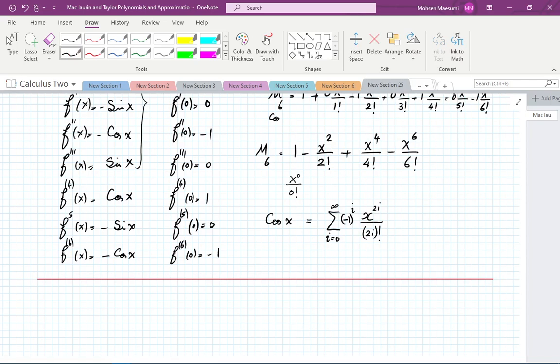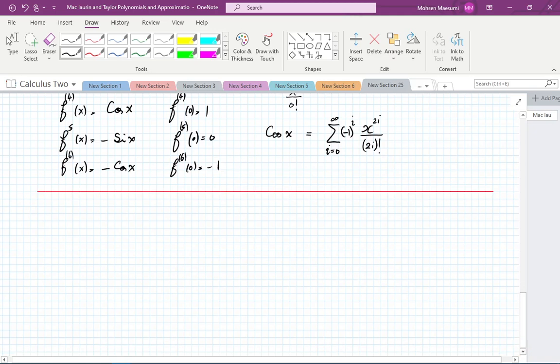For the next example, I'm going to take something with a bit more. So we are going to write Maclaurin series for logarithm of 1 plus x.